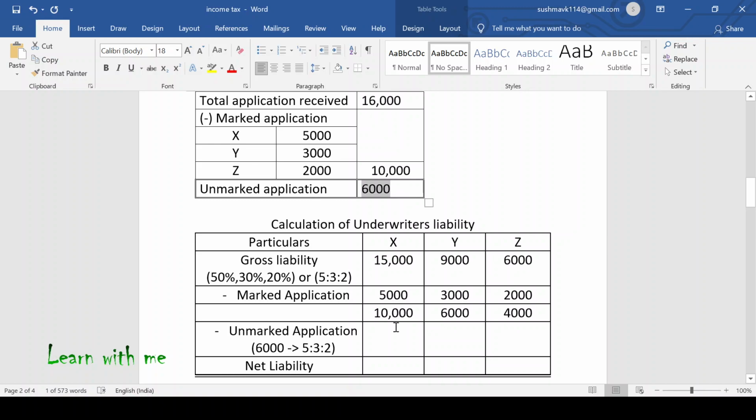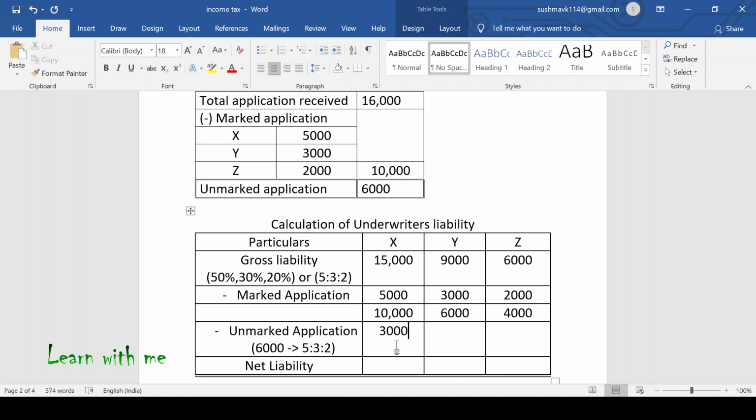But here you have three underwriters. What you have to do is, out of the 6,000, distribute it to X, Y, and Z with respect to the percentage. Here I would recommend you to use the percentage method only because they have given it in the question. So 6,000 into 50% will give me how much? 3,000, or 6,000 into 5 divided by 10 will also give me 3,000.